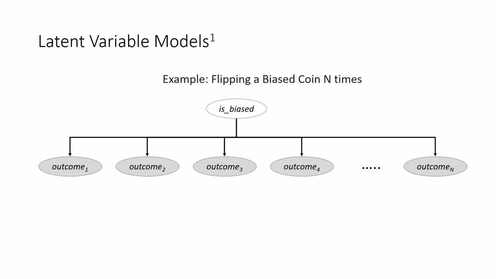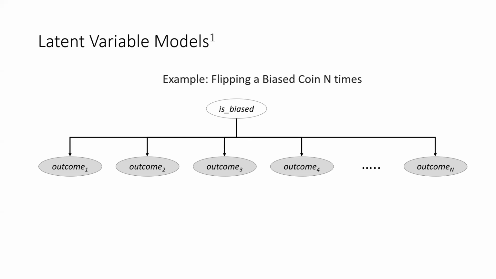So when we don't know whether it's biased or not, in order to represent this problem, we'll have to represent it with a graphical model, in this case a directed graphical model, because the outcome directly depends on whether the coin is biased or not.